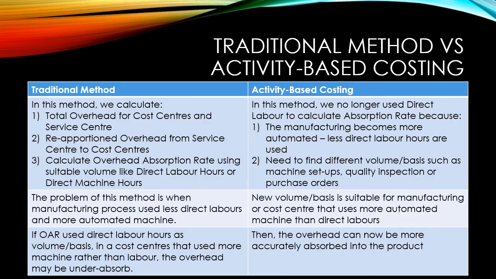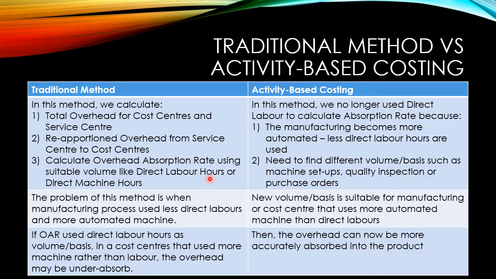Okay, so if the company absorbs their overhead using the direct labor hour, then the total cost per unit may be understated. Okay, so if the overhead absorption rate uses direct labor hours as the volume or basis of absorption, in the cost centers that use more machines rather than labor, then the overhead cost may be under absorbed when we want to determine the cost per unit.